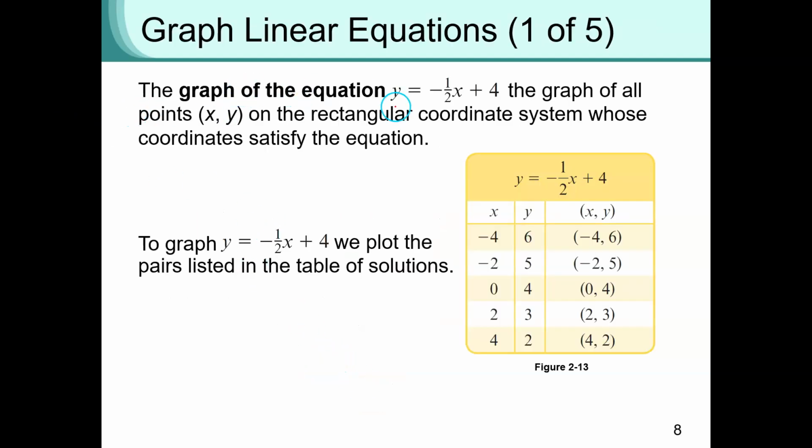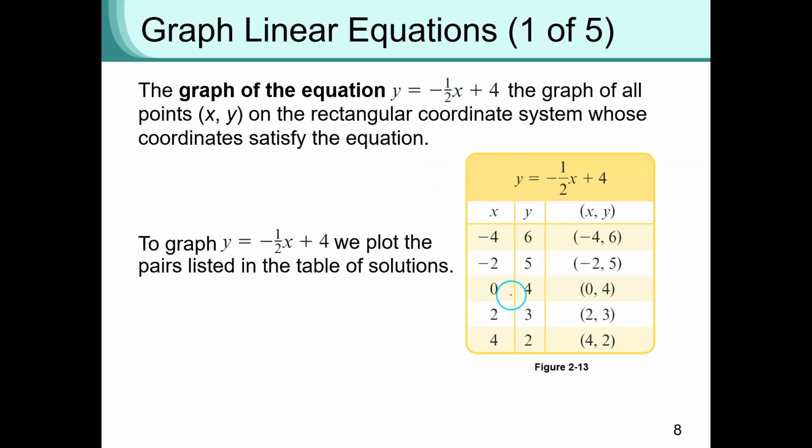The graph of the equation y equals negative half x plus 4. If I give you this equation, how do you graph it? When you were in high school, I know a lot of you used rise over run to define the slope and then combined it with the initial point that intersects the y-axis to sketch the graph.